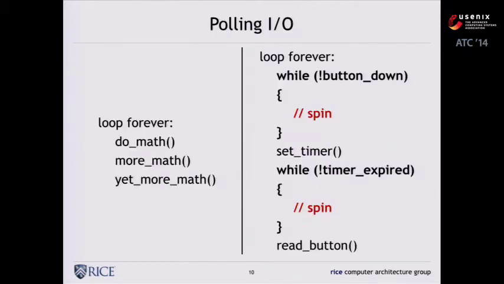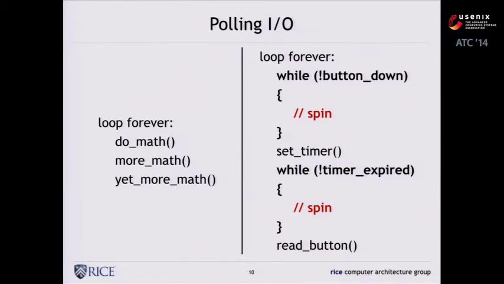So let's look at a polling implementation of this button debouncing. I sit, I read the button repeatedly, I wait for it to go down, then I set a timer, then I wait for the timer to go off, reading over and over and over again, and finally I read the value of the button. So these are two threads that are running in parallel.